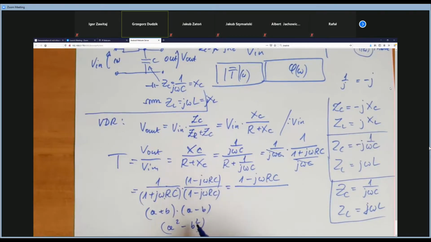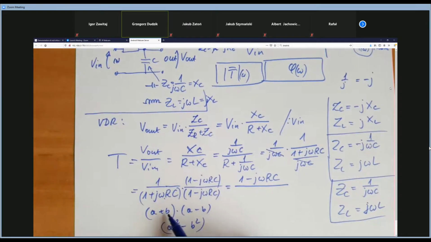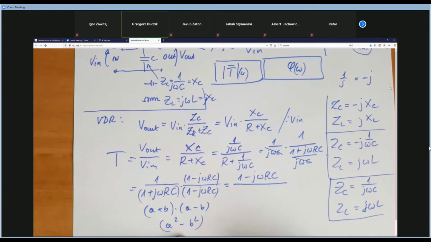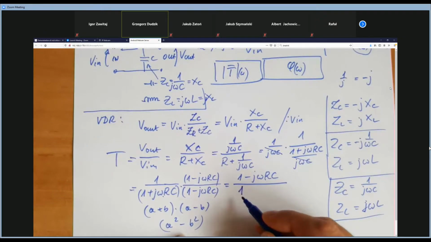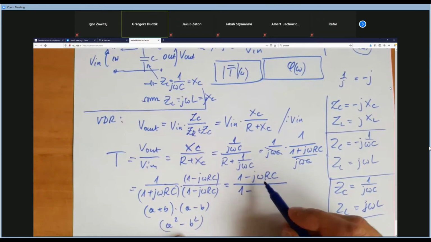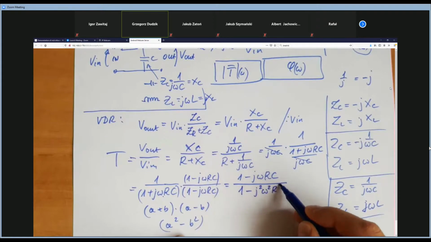Okay, we can multiply it step by step, but we can use this expression for such mathematical properties. So a is 1, so it is a squared, so this is 1 minus b squared. B squared is j squared omega squared R squared C squared.